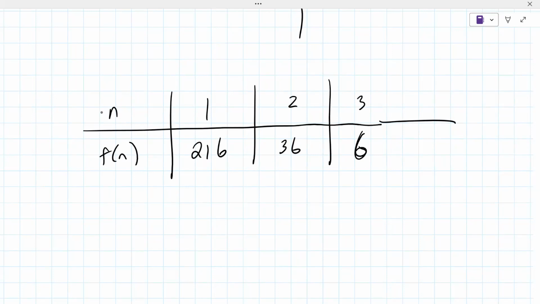It's dividing by 6, or better to say times 1/6. Okay.